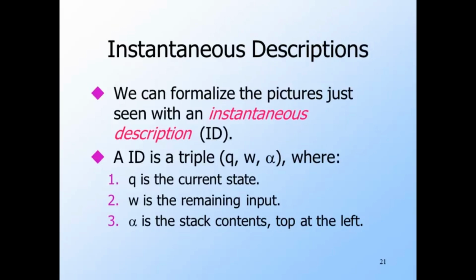To talk more formally about the behavior of a PDA, we need the notion of an instantaneous description, or ID. The ID tells us the current state q, the remaining input w, and the stack contents alpha. Again, remember that the top of the stack will be the leftmost symbol of alpha.